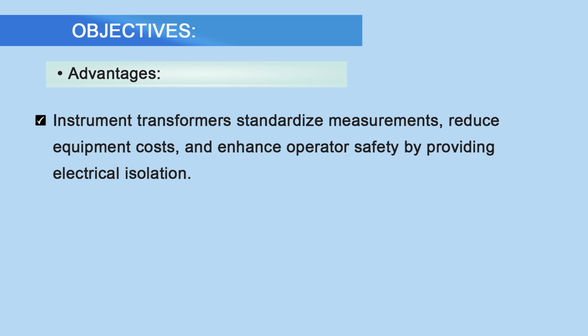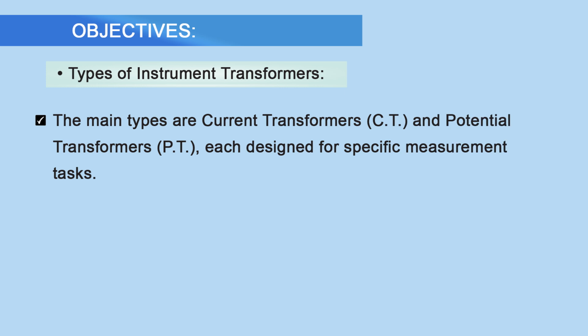Basically the instrument transformers standardize measurements, reduce equipment costs and enhance operator safety by providing electrical isolation. Also we will discuss the types of instrument transformers, which are basically current transformer and potential transformer, and they both have been designed for specific measurement tasks.